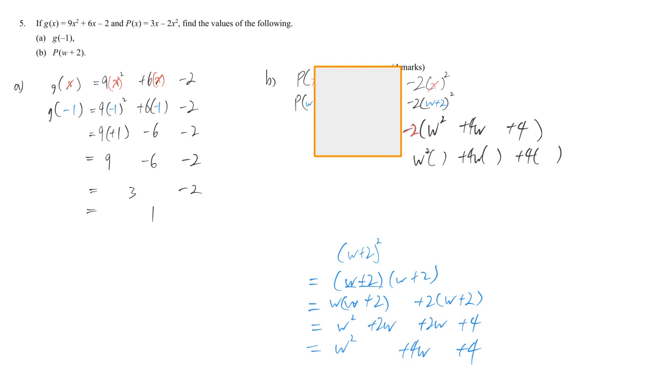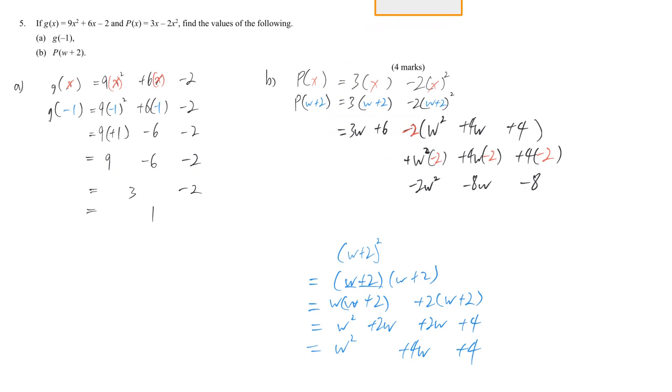What is outside is -2, so all of them we have to times -2 and see what is left. We will have -2w squared, -8w, negative 8. But one minor thing is beware that w squared is no longer the first term of the expression, so we have to write down positive.